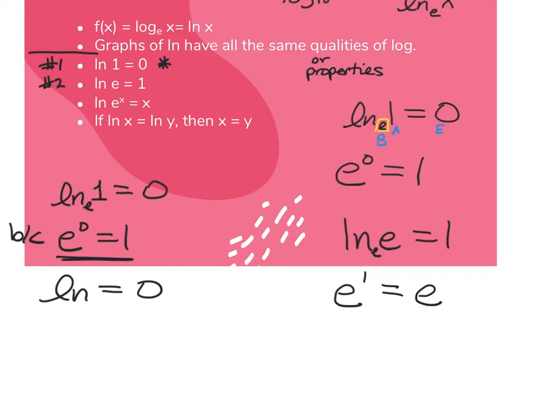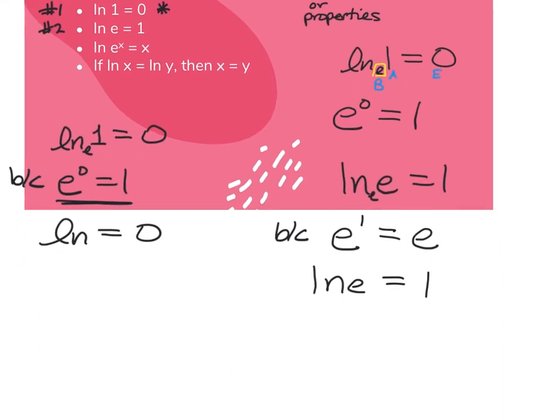And this is the reason why I can say that. Because e to the first is equal to e, I know that ln e equals 1. So again, when I'm simplifying anything, anytime I see ln e, I could take this out and in its place put a 1.